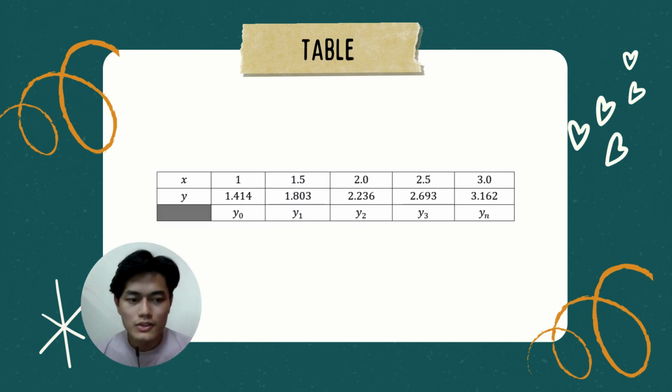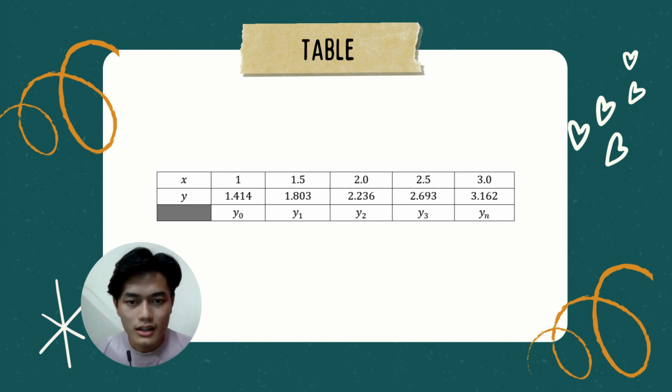To solve this, we need to create a table with the values of x and y. For x, we start from the minimum limit and add h, which is 0.5, until we reach the maximum limit, which is 3.